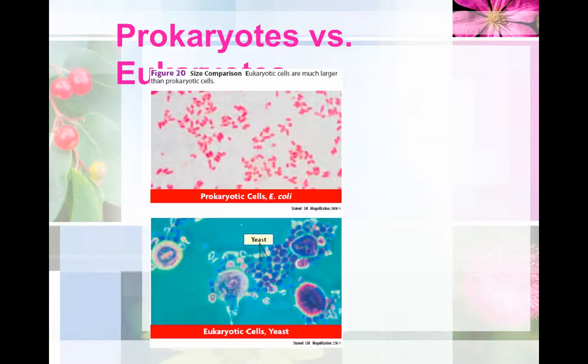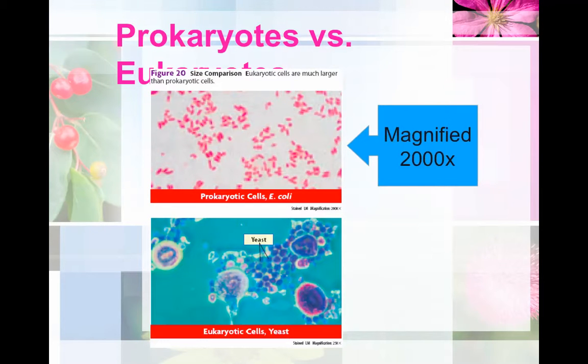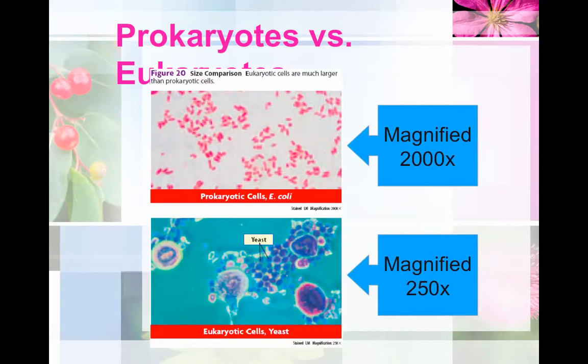That is a picture of E. coli, which is a type of bacteria, and that is what makes you sick, food poisoning. I'm sure you've heard of it before. And the bottom one is a eukaryote cell, it's yeast. So you can see that the top one, the prokaryote, is 2,000 times magnified, and it's still much tinier. And the bottom one is only 250 times magnified.